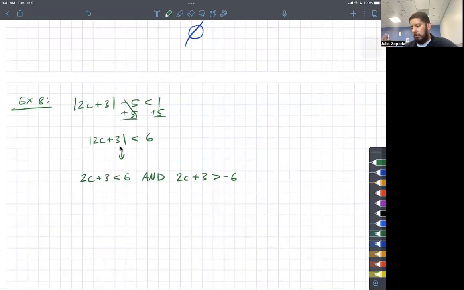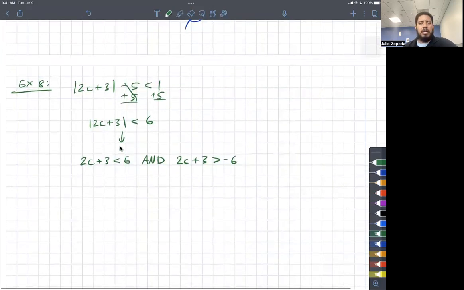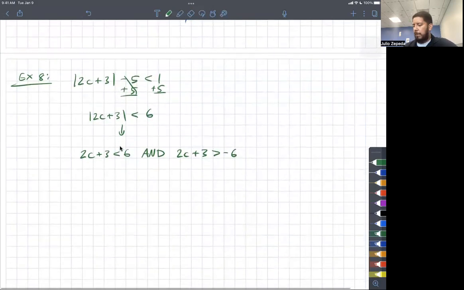In the other one, you switch the sign and change the sign of the number on the other side, and you put an "and" statement there. Okay, then we just solve each one of them. We'll try to quickly solve. 2c is less than 3. And so we divide by 2 on both sides, we get c is less than 3 halves.